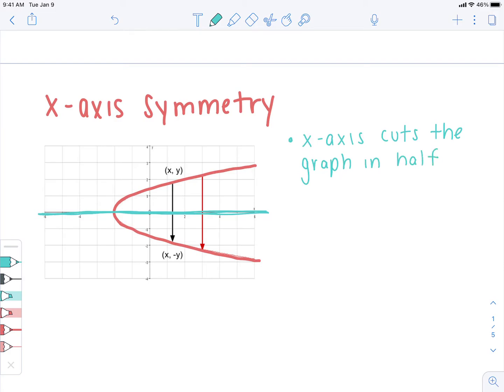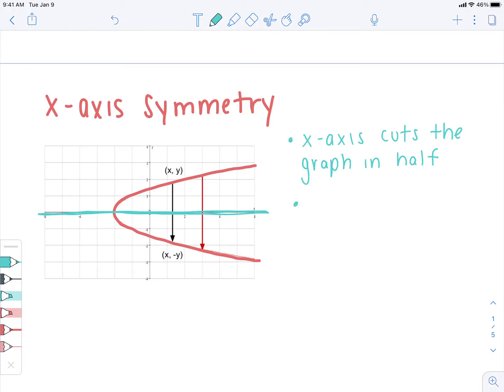Is something like this going to be a function? No, right? It's never going to be a function if I have the same thing on both sides of the x-axis. So anytime I'm talking about actual functions, they shouldn't have x-axis symmetry, because they can't be a function and have x-axis symmetry.